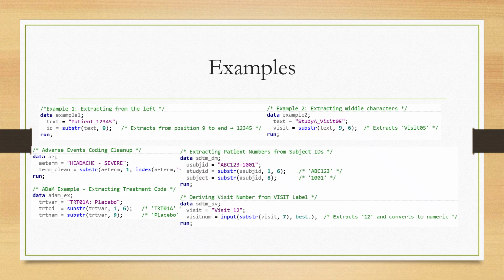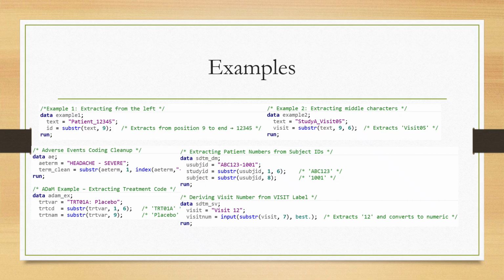And when I want to read the subject number from USUBJID, I am reading from position 8 till the end, because we know that USUBJID is the concatenation of your study ID and the subject ID, provided the subject ID has the site ID information as well.